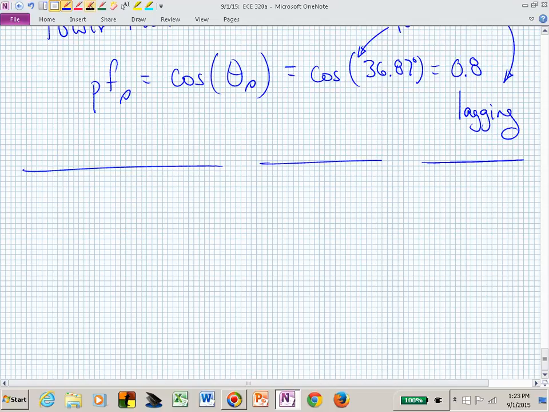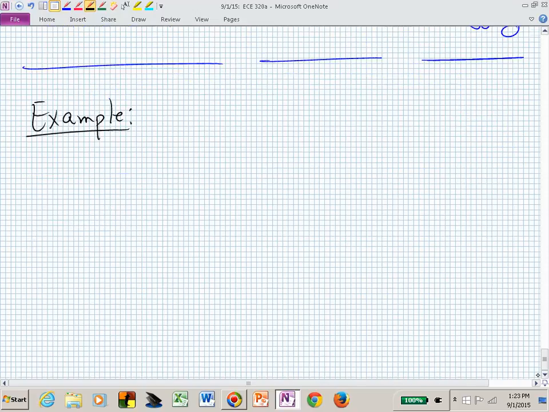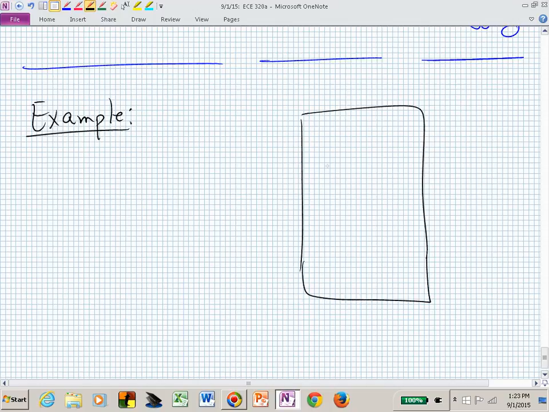Let's look at an example that you might want to be comfortable with relative to your homework assignment. Suppose I give you a two-terminal device that I'm now saying, okay, here are the voltage terminals, and I'll label the upper one positive.